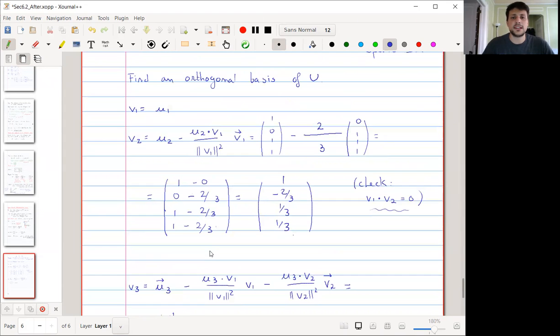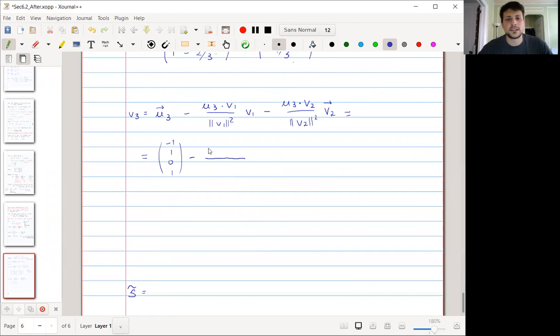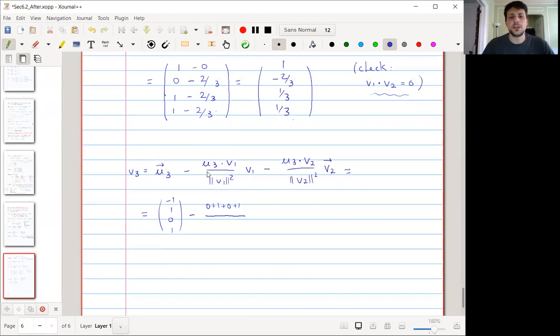We can look at that up here, and we have U3 times V1, which becomes 0 plus 1 plus 0 plus 1. And let's have a look at the length of V1. That we already computed, and it's equal to 3. We used it in the previous computation. V1 is the vector 0, 1, 1, 1.